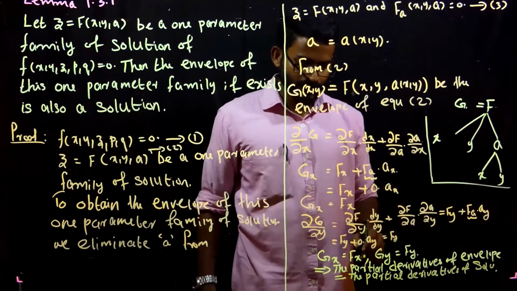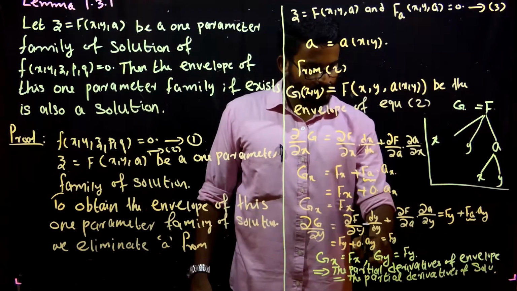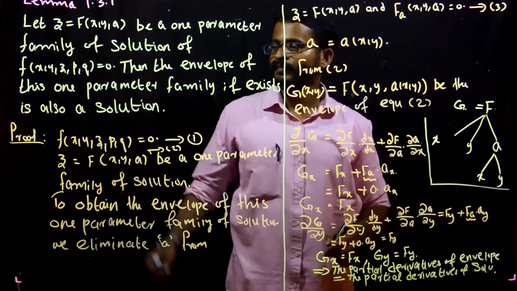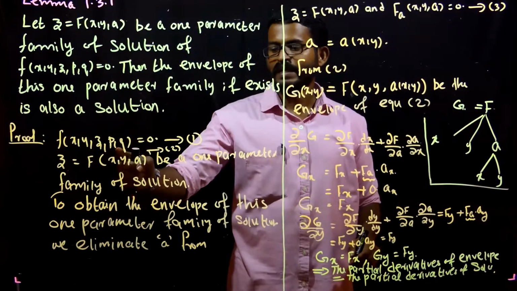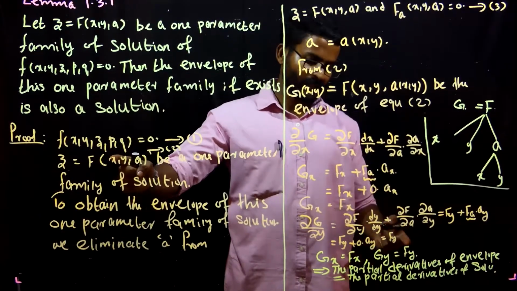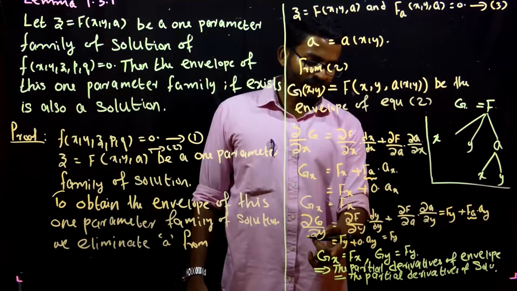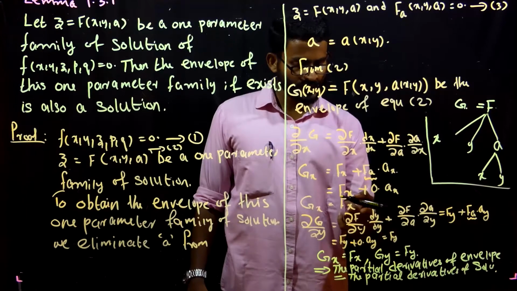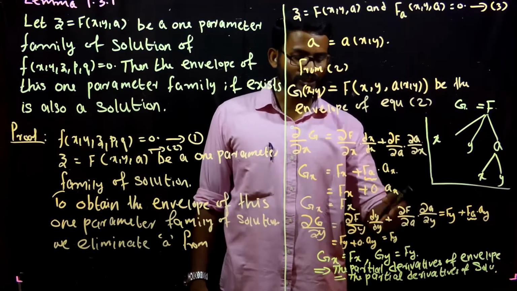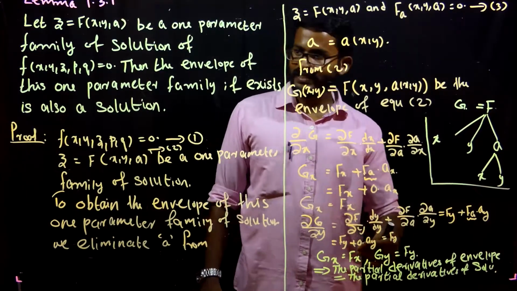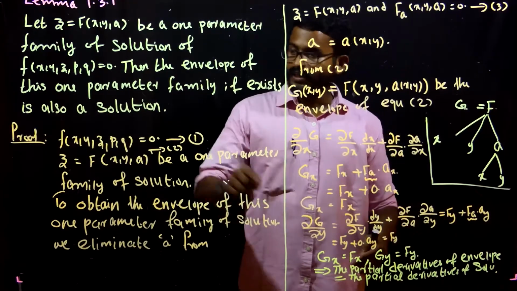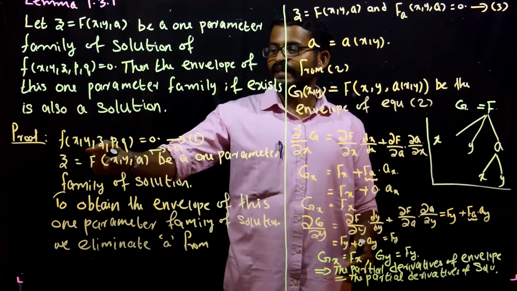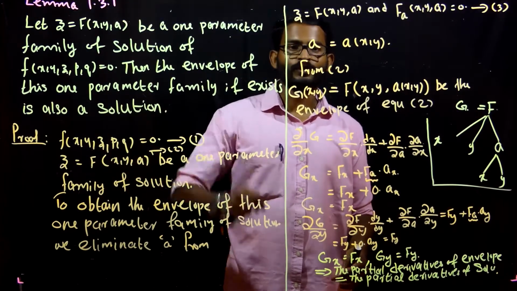Which implies the envelope also satisfies the PDE, equation number 1. Let me conclude: the partial derivatives of the envelope are the same as the partial derivatives of the solution. From this, we can conclude that the envelope also satisfies the PDE f of x, y, z, p, q equal to 0.